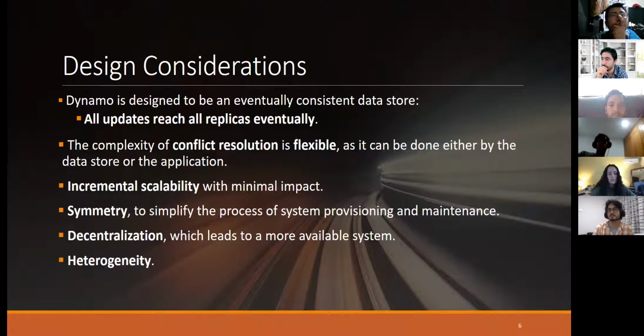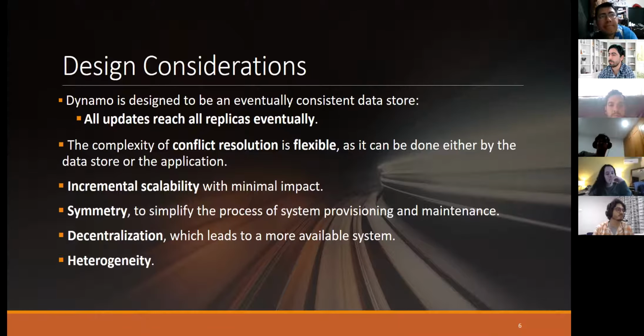In systems like this, which are prone to server and network failures, availability can be increased by using replication techniques to propagate the replicas in the background and concurrently. So in this case, Dynamo targets the design space of an always writable data store.